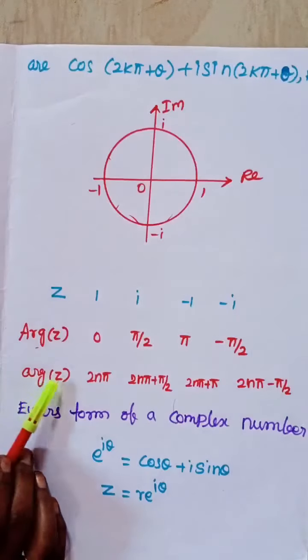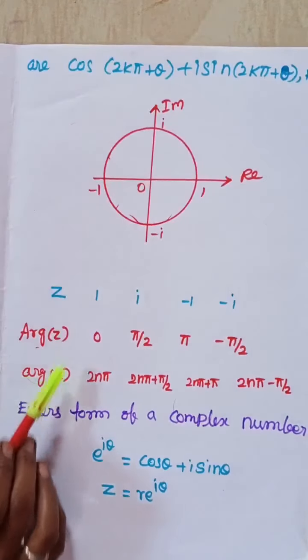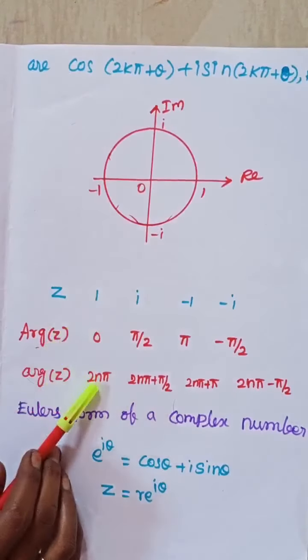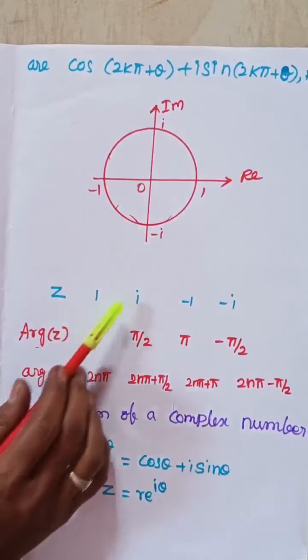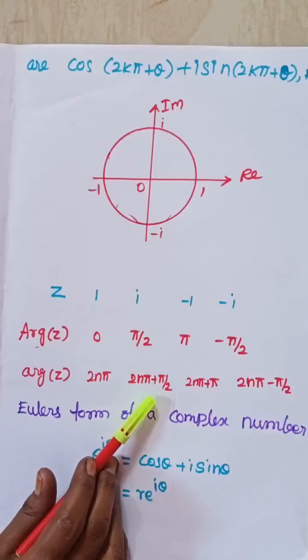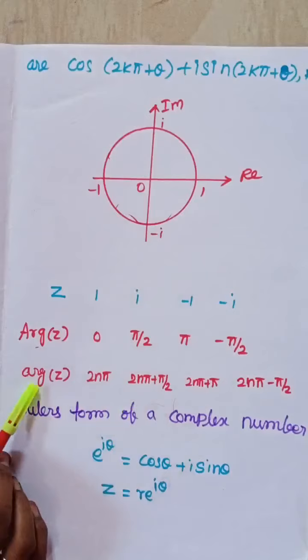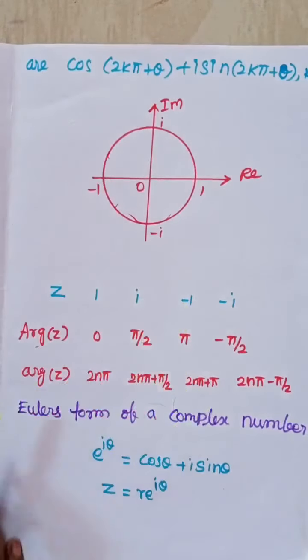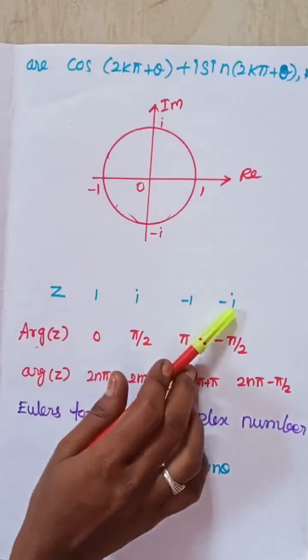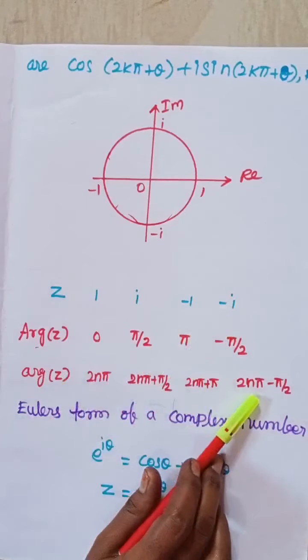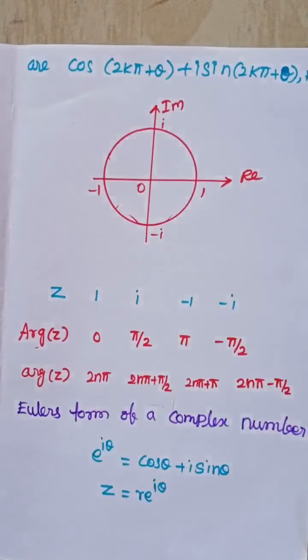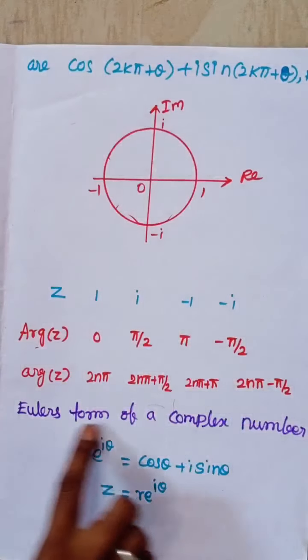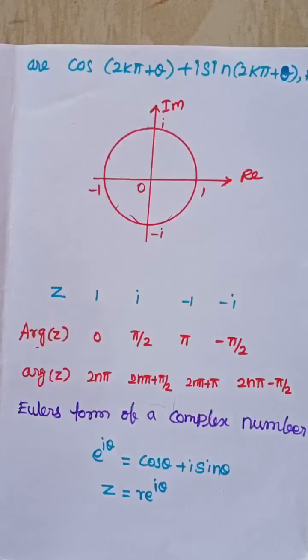Similarly, in general, argument of 1 is 2nπ, argument of i is 2nπ plus π by 2, argument of minus 1 is 2nπ plus π, argument of minus i is 2nπ minus π by 2.